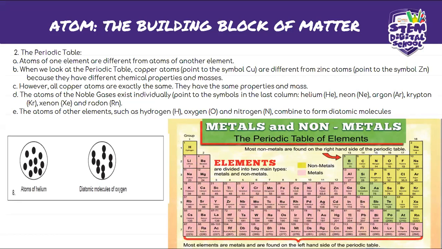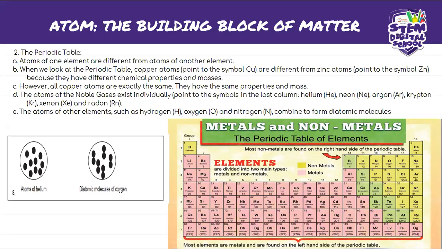Atoms of one element are different from atoms of another element, just as we human beings. Even though we all belong to the kingdom Animalia, you will see that one species of human beings looks entirely different from another one. The same thing applies to the periodic table.